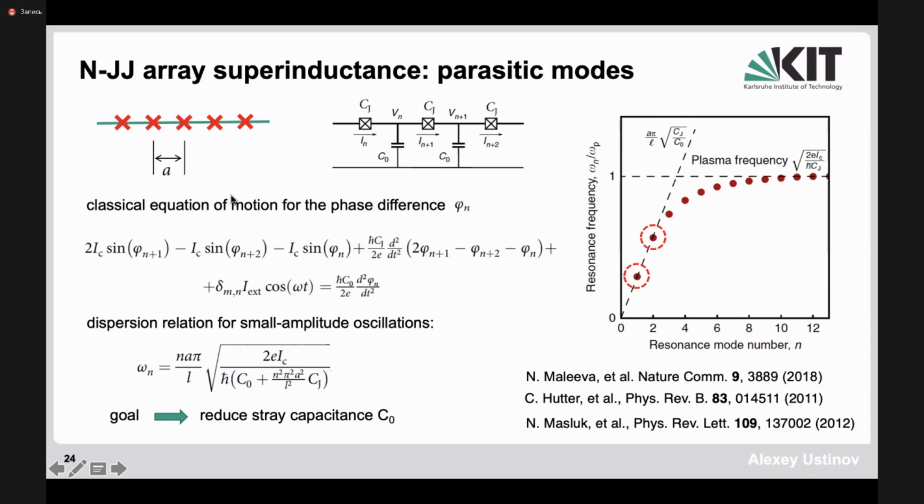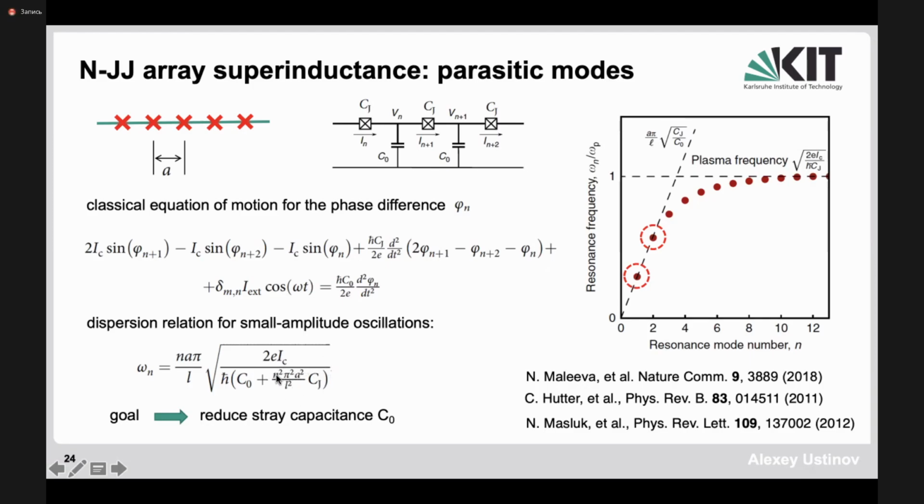So it depends on the boundary condition. But nevertheless, these eigenmodes have a very generic character, and as you see here, it has the shape of the effective plasma frequency, but now sort of dressed with particular additions of different Josephson junctions.